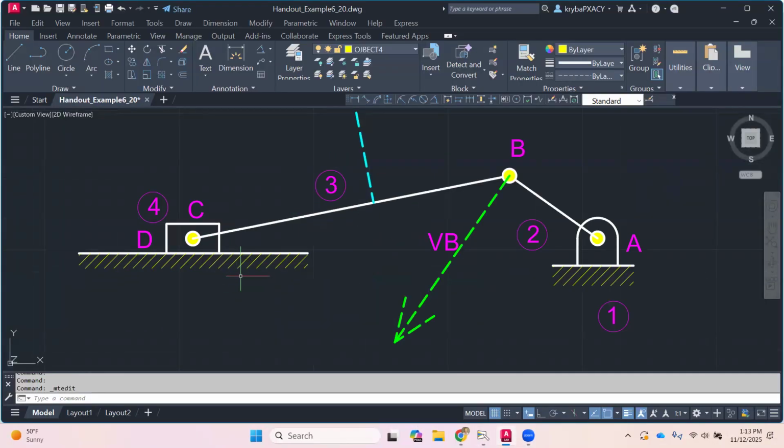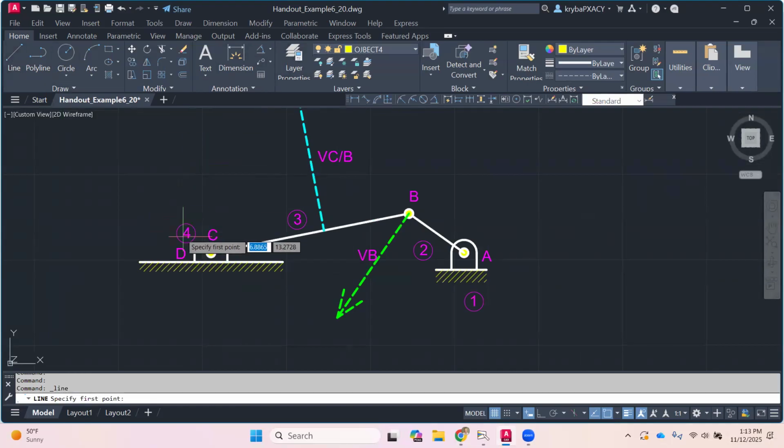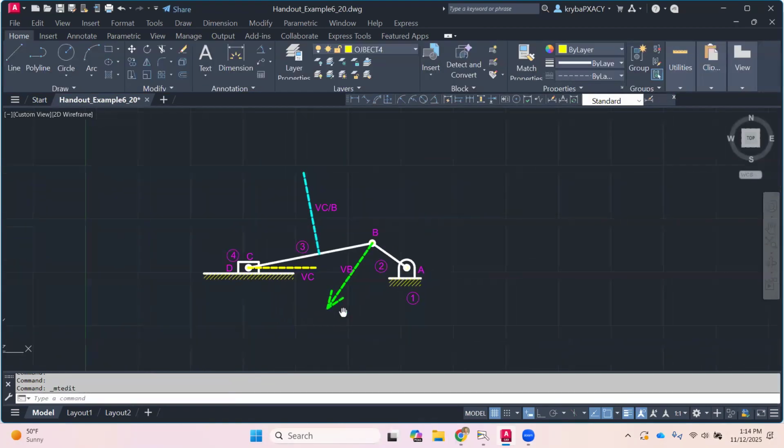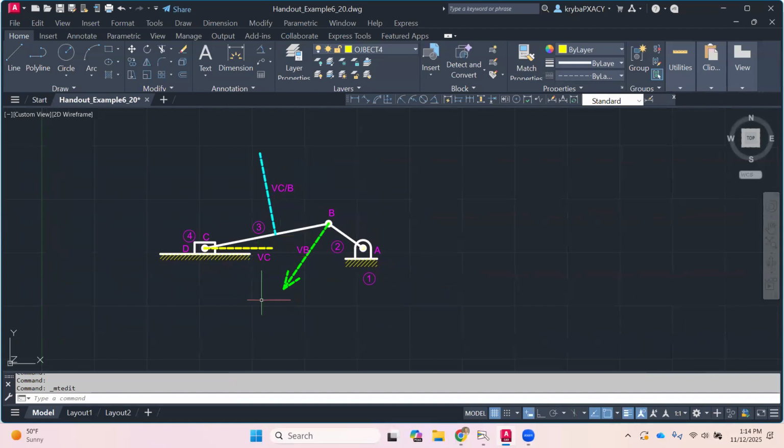So I'm just going to draw a horizontal line, and whether it's going to the left or to the right really doesn't matter. I'm just going to draw it a random length, and I am going to label that the velocity of C. Okay, so no arrowhead on that.